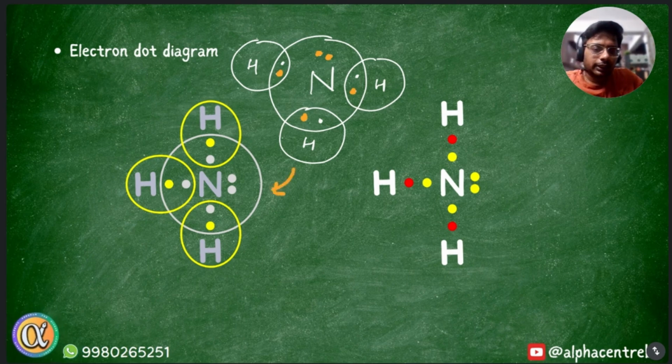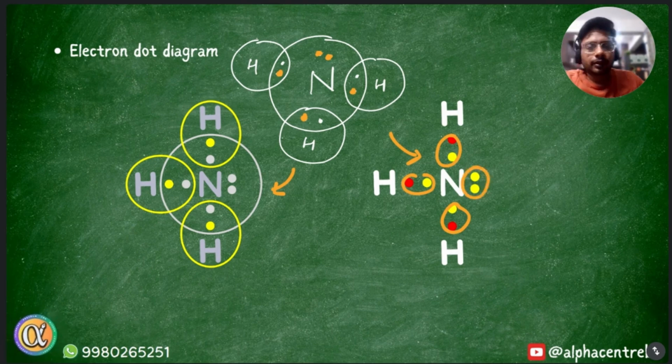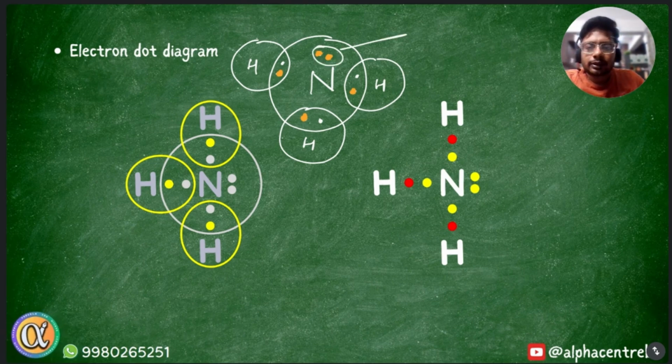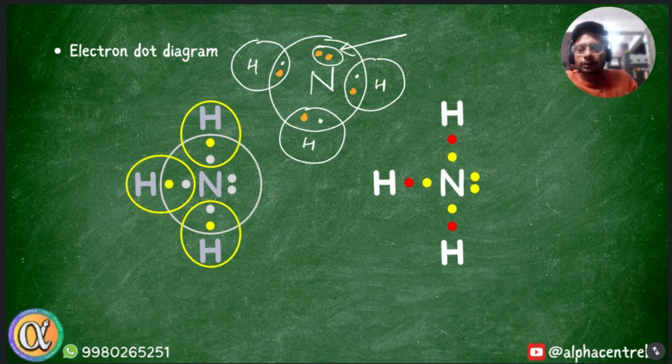Okay, it can also be drawn like this, where these are the shared electrons between nitrogen and hydrogen, and this is the unshared electron. Those who were there last class, can you quickly tell me what this unshared electron pair is known as? Lone pair.